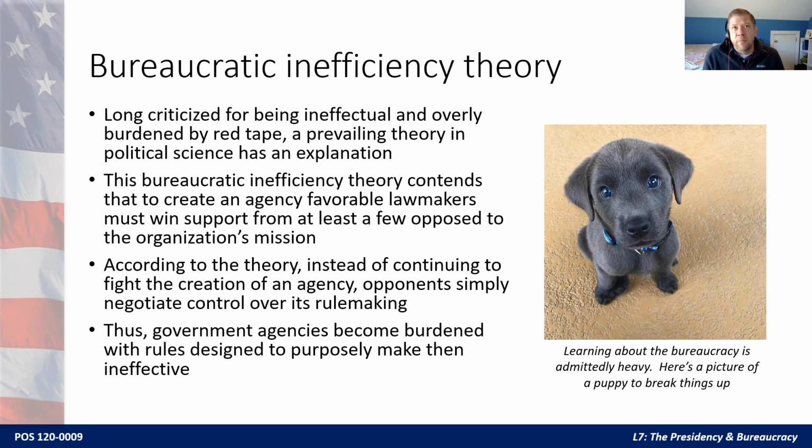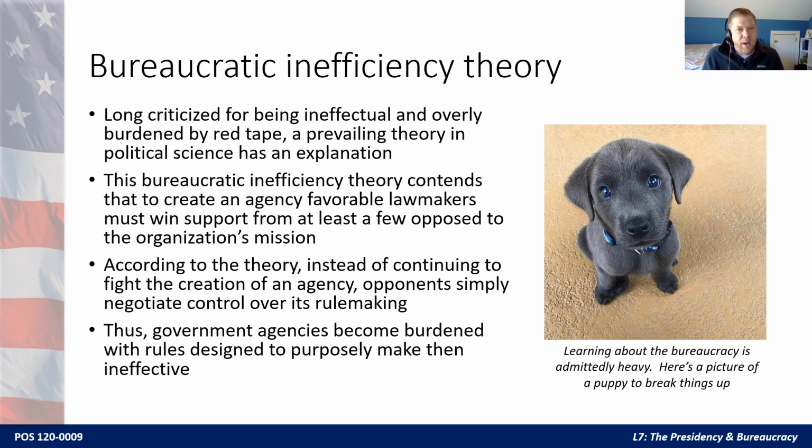So the airlines, through their members of Congress, realized, we're not going to win this fight. They're going to create this agency that's going to regulate us. But if we give in and vote to support this, we can trade that for actually dictating what the agency can do. So according to bureaucratic inefficiency theory, the idea here is that we'll use, for instance, the EPA and the auto manufacturers.